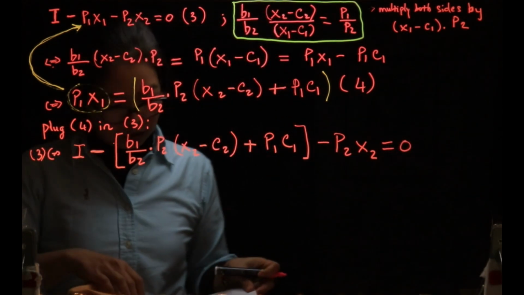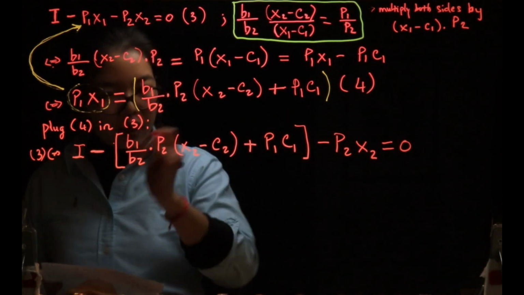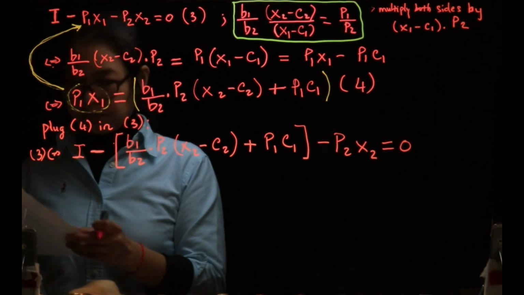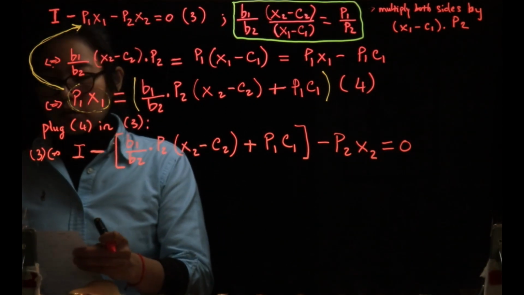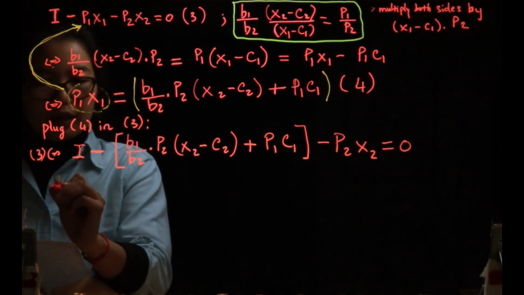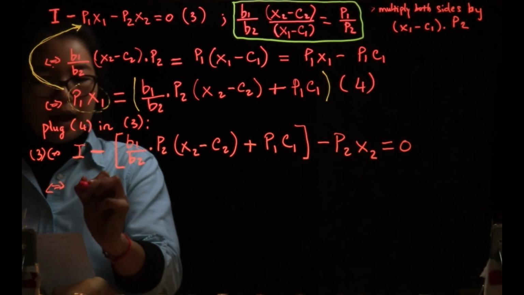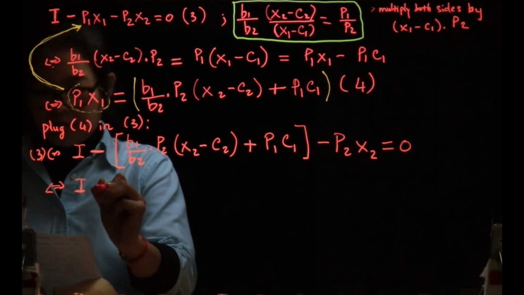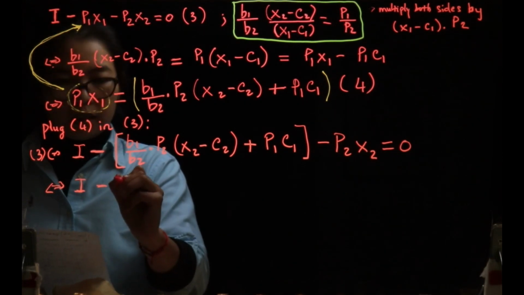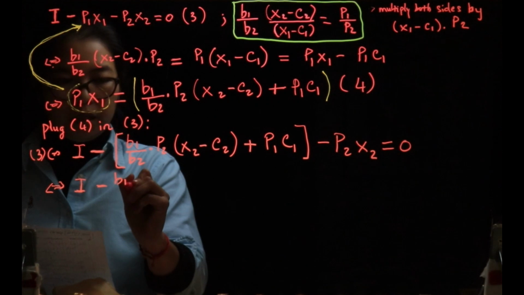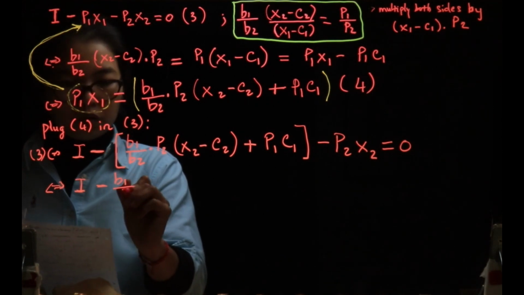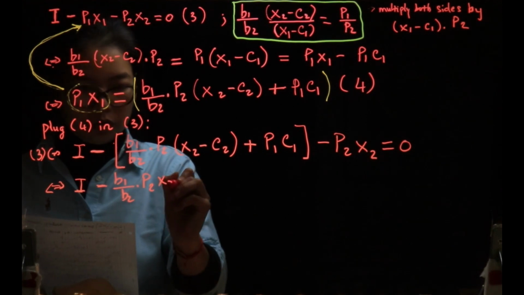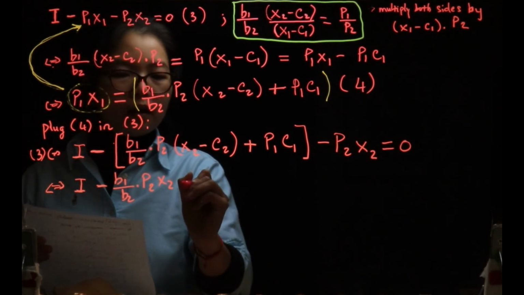Let's pull everything out of the bracket and simplify a bit. So we would have something like I minus b1 over b2 times p2 x2, right?